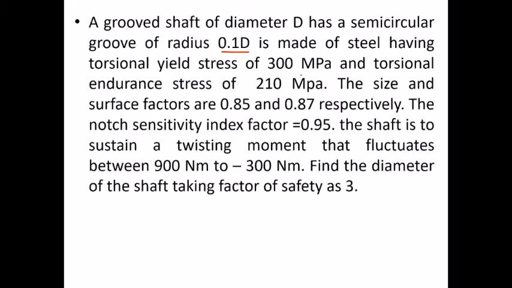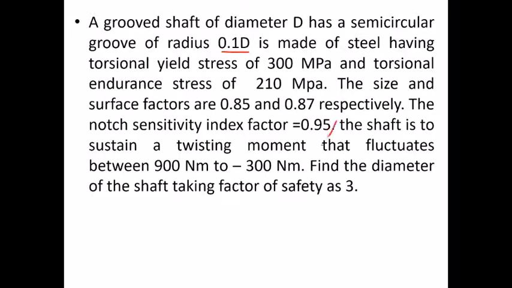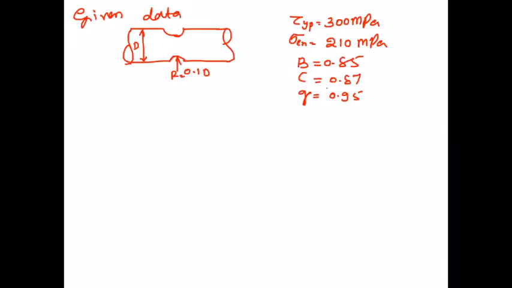Now the values of B and C are given. Value of B is 0.85, value of C is 0.87. The sensitivity index Q is 0.95. Factor of safety N equal to 3 is given, and T max is 900 Newton meter and T minimum is minus 300 Newton meter.